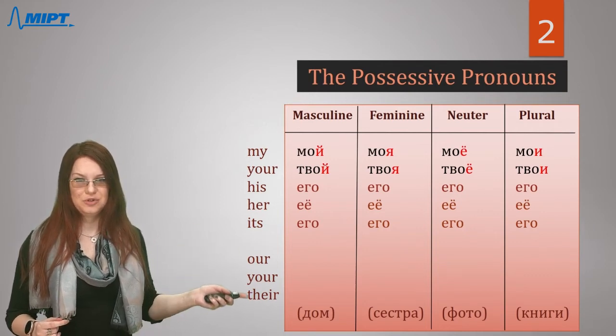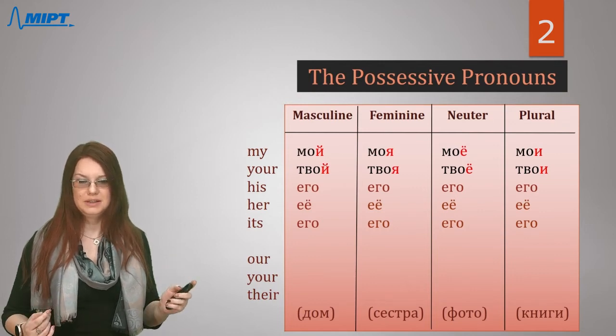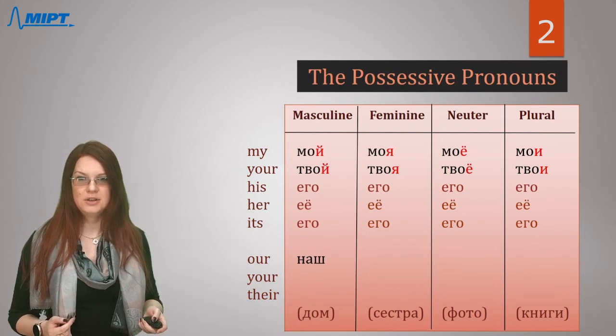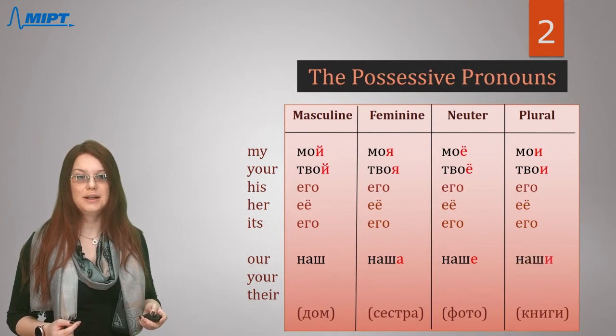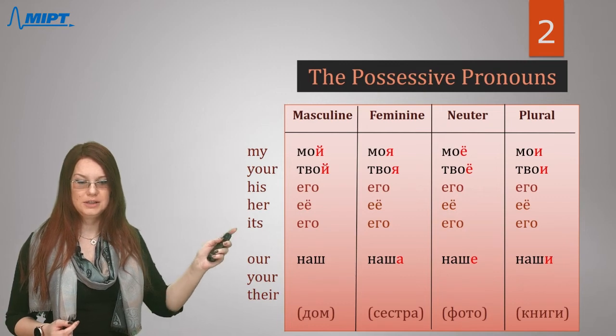And for plural, if we're talking about group of people, I mean them. If we want to say our, it will sound like наш, feminine, наша, neutral, наше, and plural наши. Наш дом, наша сестра, наше фото и наши книги.